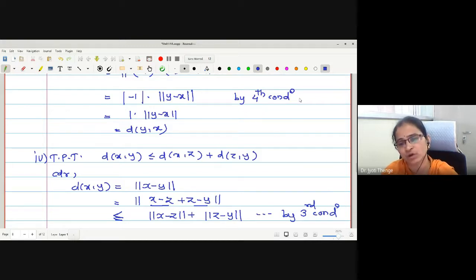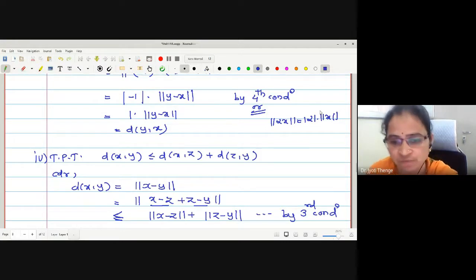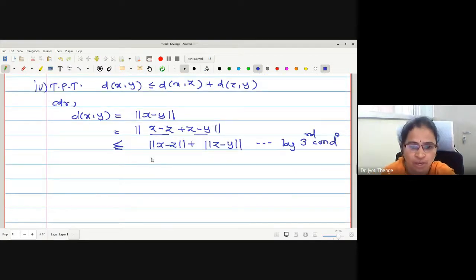Either you write by fourth condition or you can write the condition itself, norm of alpha x equals mod alpha into norm of x. You can write the statement of that condition also. Now what does this first norm give us? Distance of x to z plus distance of z to y. And the fourth condition is also proved.